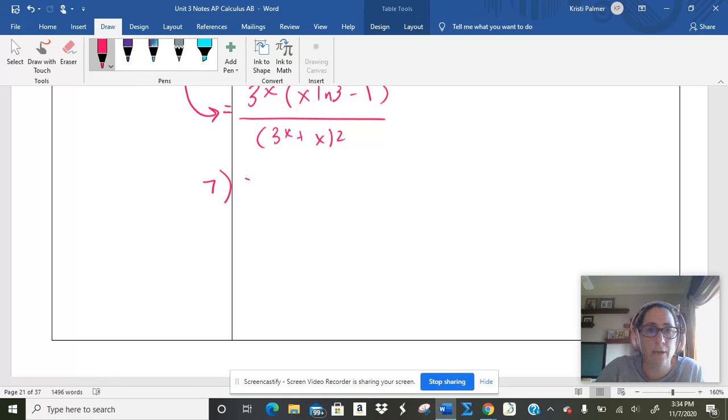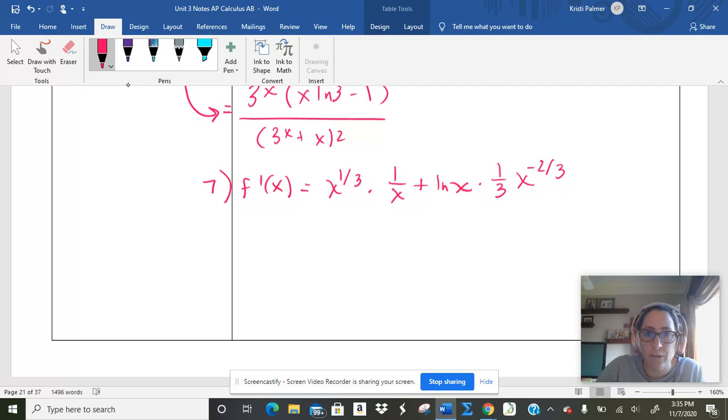So that's our product rule. The first times the derivative of the second plus the second times the derivative of the first.